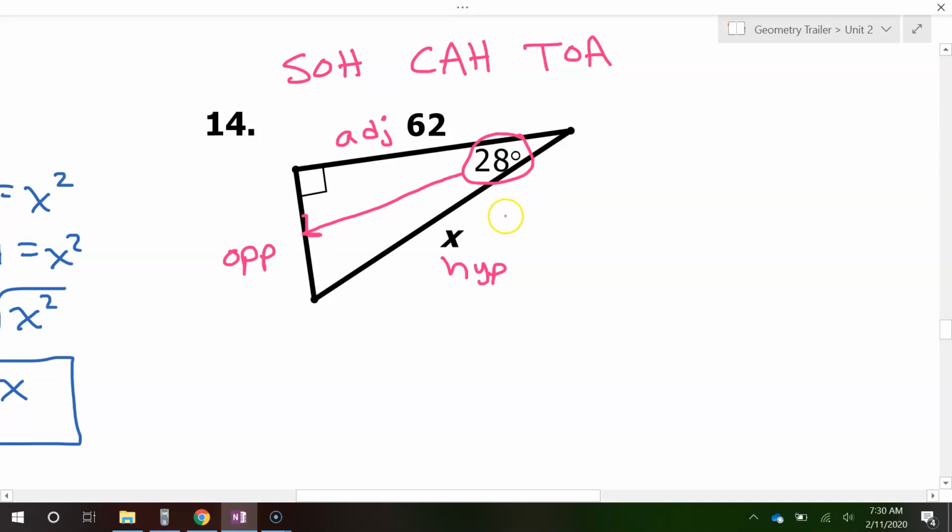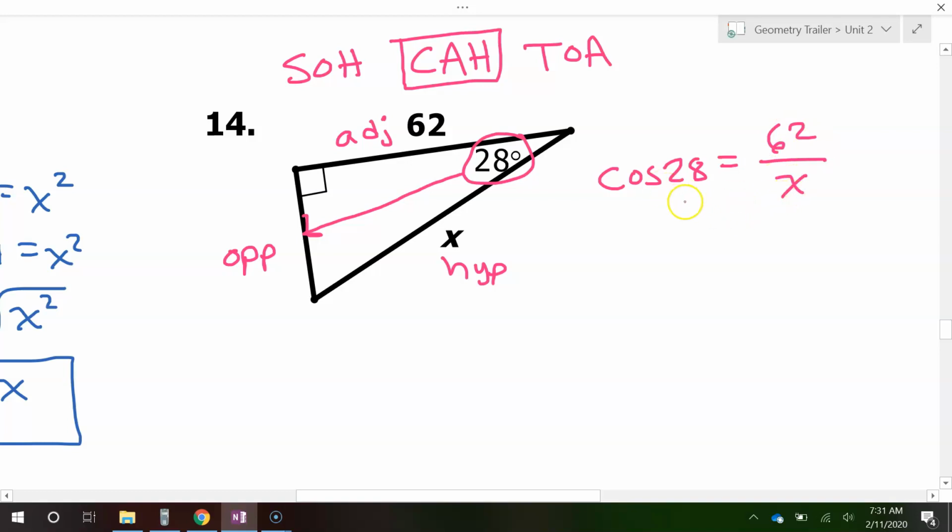So, which two sides are we actually dealing with? Well, 62 is adjacent, x is the hypotenuse. Which trig function involves adjacent and hypotenuse? That's going to be cosine. So we will write cosine of 28, adjacent over hypotenuse, that's 62 over x.